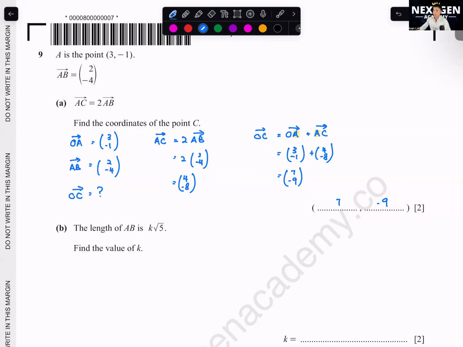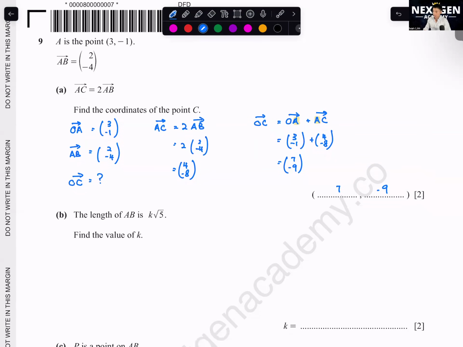Okay, next one. The length of AB is K root 5. Find the value of K. The formula of length is the square root of (x2 minus x1) squared plus (y2 minus y1) squared. But they gave us AB, which is a vector. So we can just say it's the magnitude.